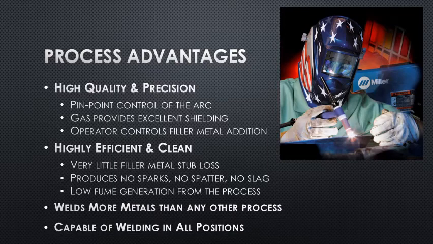And the operator controls when and how much filler metal to add to the weld pool, so a skilled operator can make sure that that weld has a very desirable profile. The process is also highly efficient and clean, meaning there is no flux or slag, so what you pay for is what the filler metal that you use typically ends up in the puddle because there's very little stub loss at the end of the day.